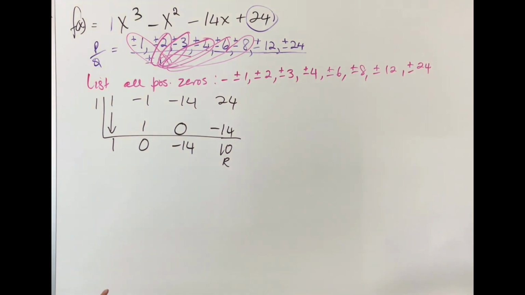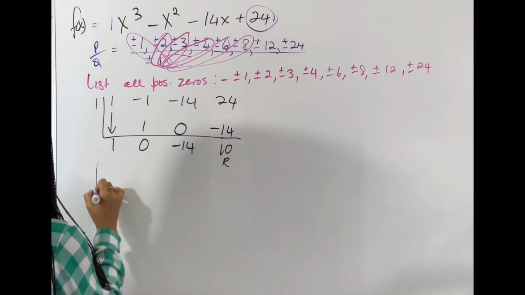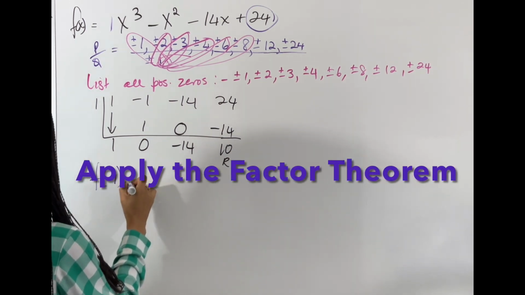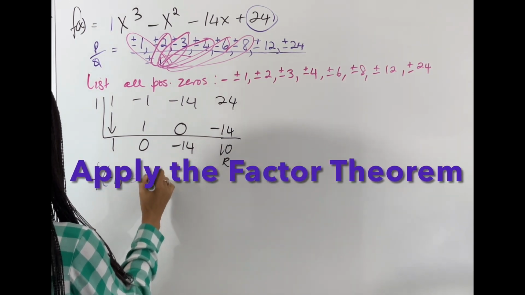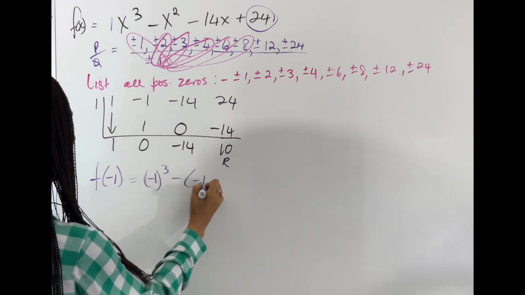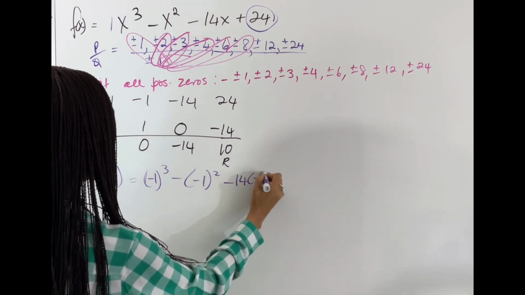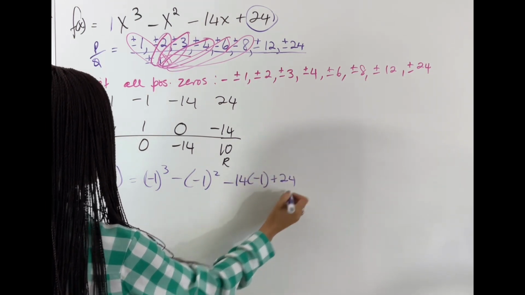So we can go on next, and we can also test negative 1. So let's test negative 1, and I'm going to apply the factor theorem to test negative 1. So we have negative 1 to the third power minus negative 1 to the second power minus 14 times negative 1 plus 24.